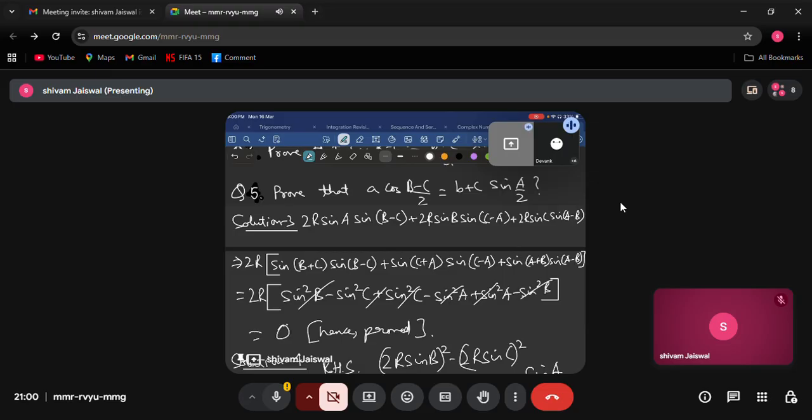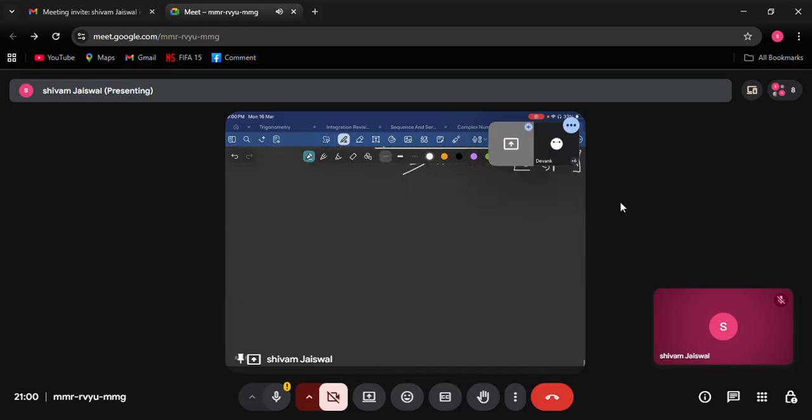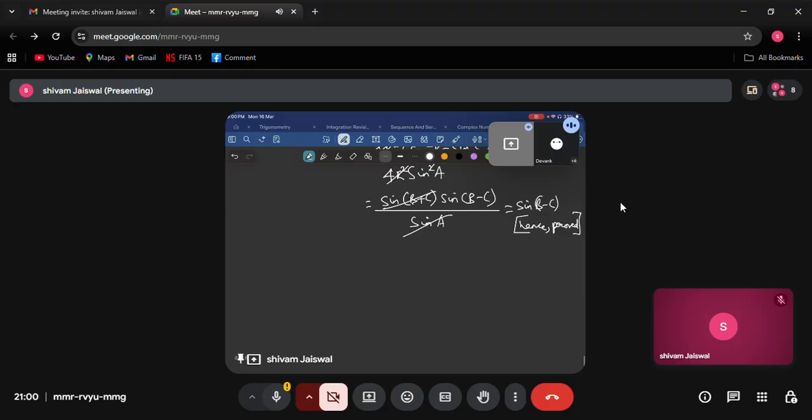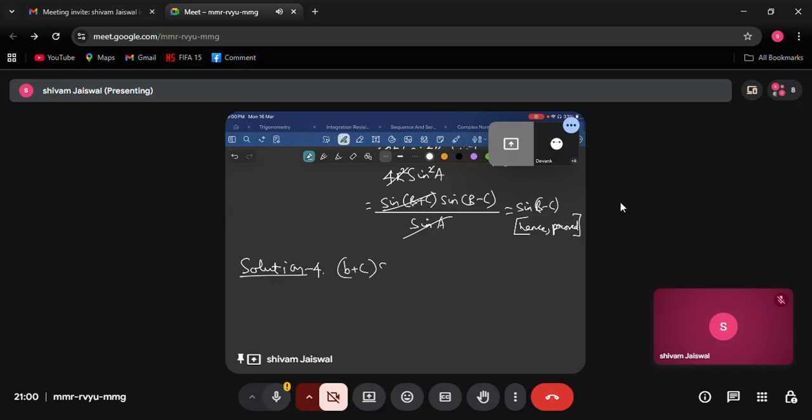I'm solving this one. Pay attention. This one is easy only. A cos of (b minus c) by 2. Again, I think I should start with the right hand side only. So see, Raktim, (b plus c) into sine a by 2 can be written as 2r (sine b plus sine c) into sine a by 2.